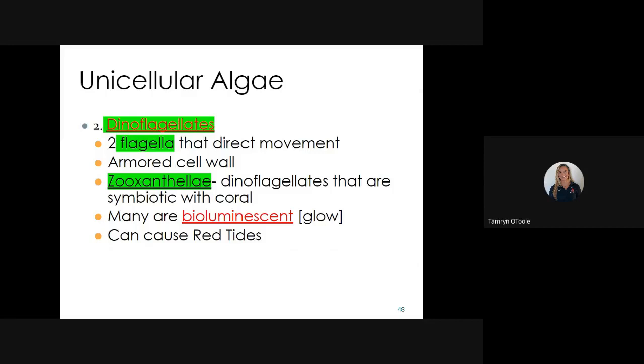And the one that we focus on the most in this course is zooxanthellae. And zooxanthellae are these dinoflagellates that are actually symbiotic with corals. So the coral provides the algae with that protected environment and all of these different things they need to go through photosynthesis and to produce their own glucose. And in return, that zooxanthellae actually supplies the coral with the products of its photosynthesis.